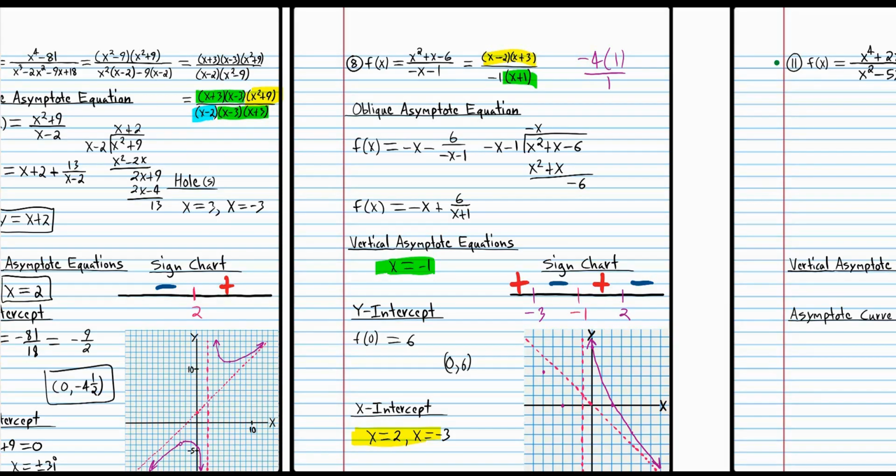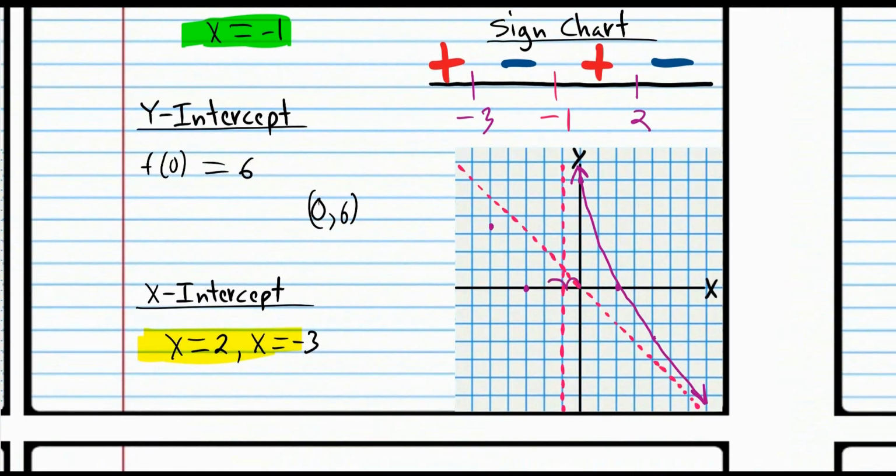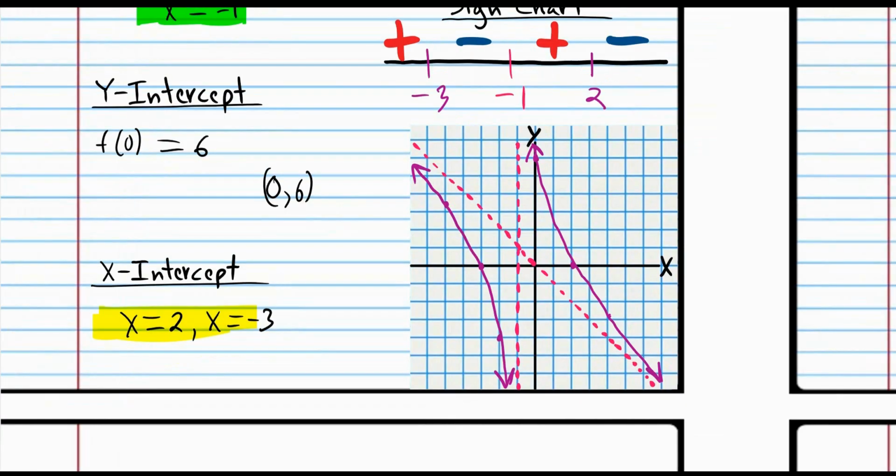Then we get -4. So if you plug in -2, we get -4. So now we're ready to connect the dots. And so there you go.